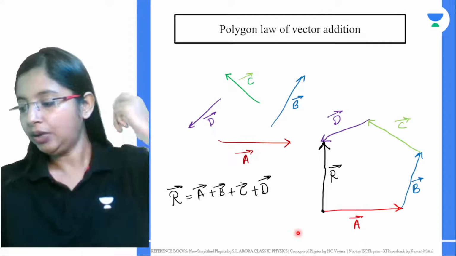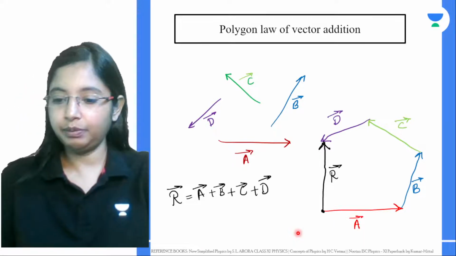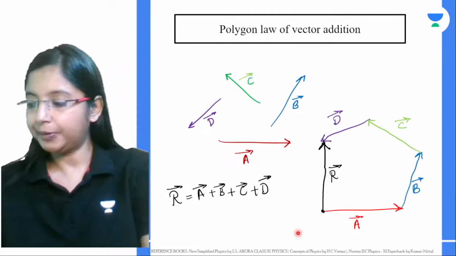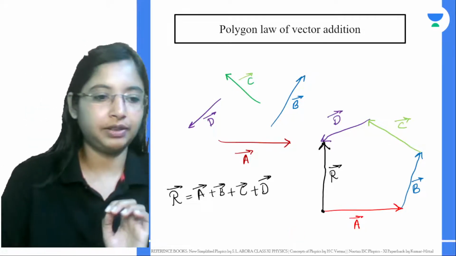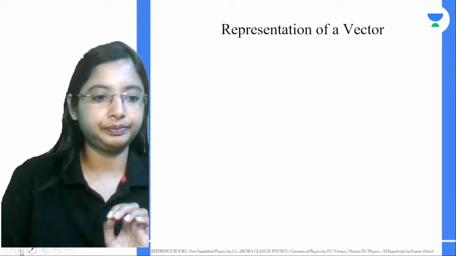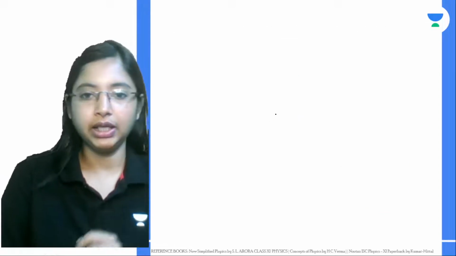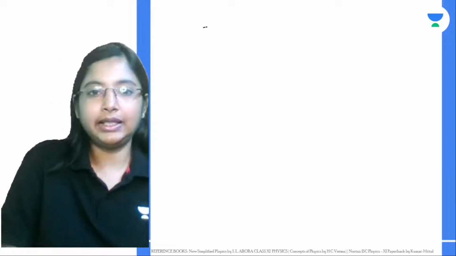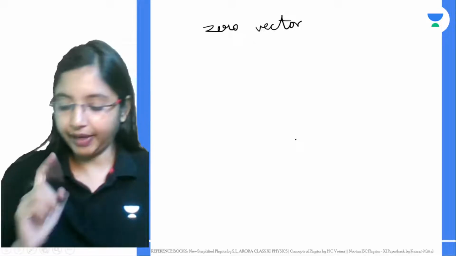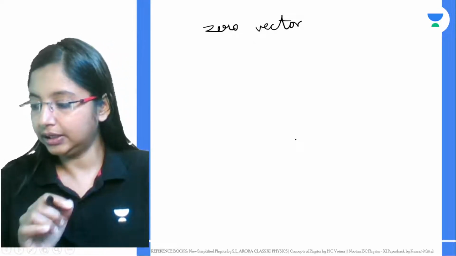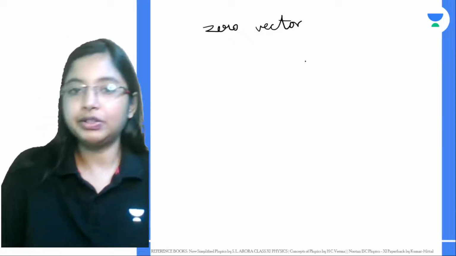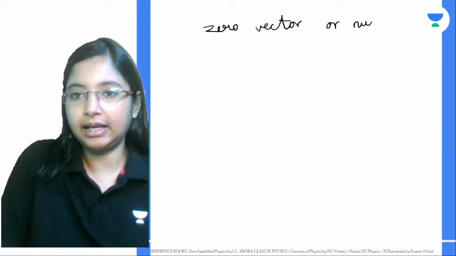Now, before we go ahead, there is one more vector that we still haven't seen. That is basically a zero vector. A zero vector is also called a null vector.